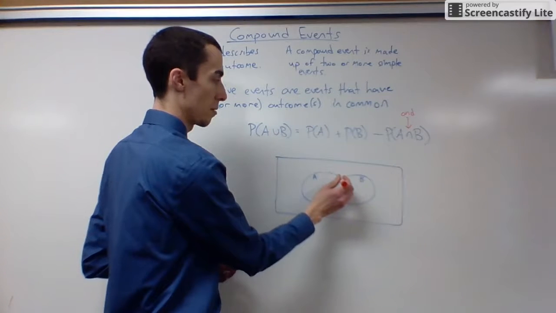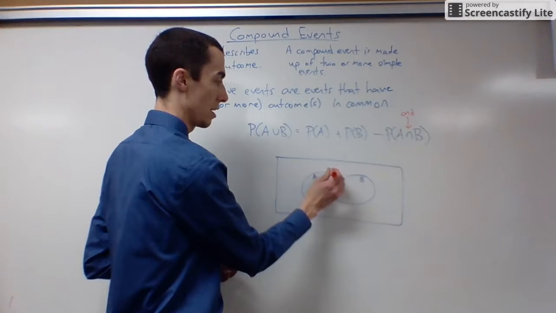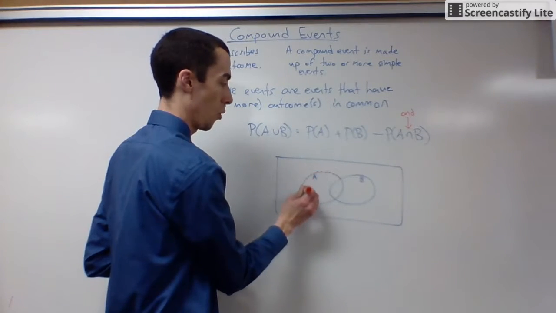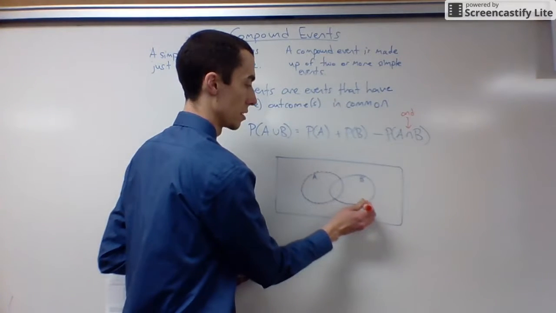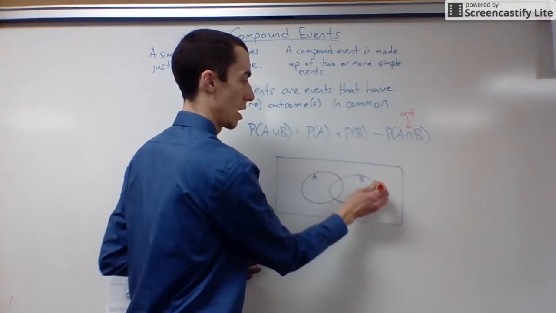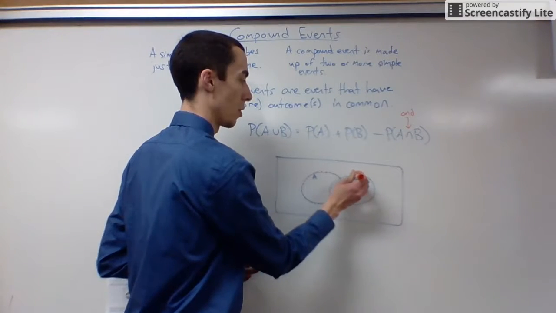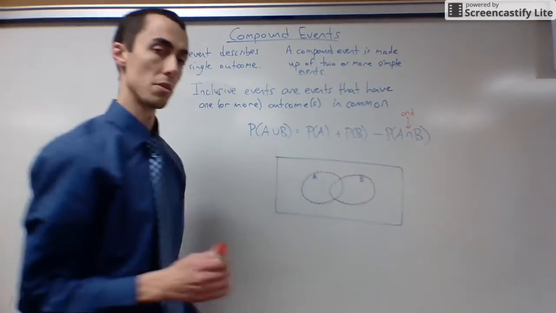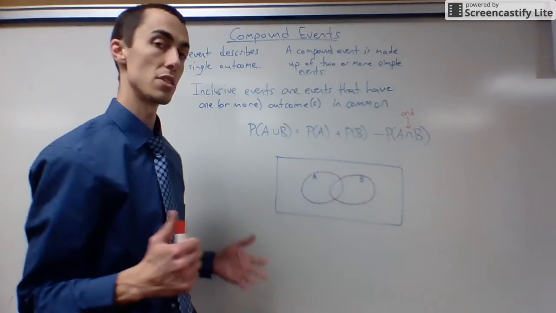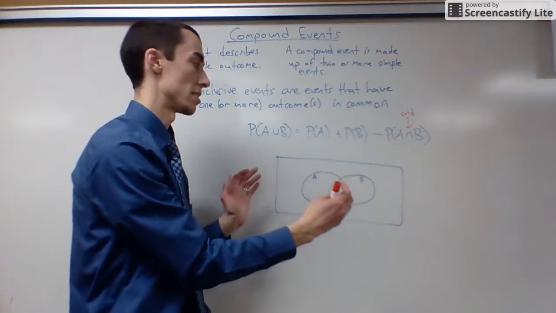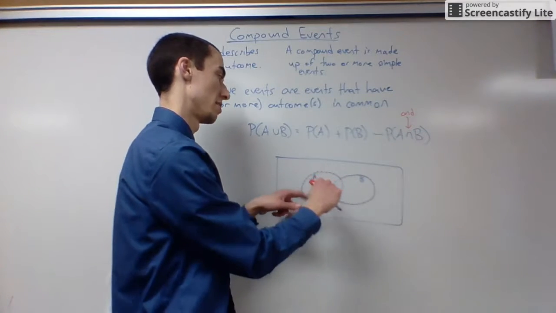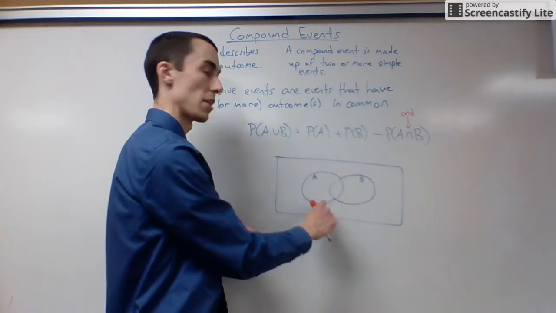So the probability of being either A or B would be the probability of being in either one or the other, possibly both, but at least one of the two. So in a sort of area sense, it would be landing in this zone that I outlined in red.